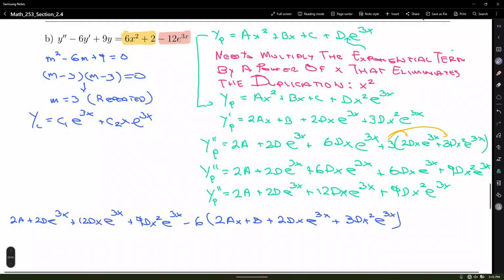And then plus, I'm going to go on the next line because I'm not going to have enough space, plus 9 times the original function y sub p, which is ax squared plus bx plus c plus dx squared e to the 3x. And let that be equal to the function on the right-hand side of the DE, which is 6x squared plus 2 minus 12 e to the 3x.